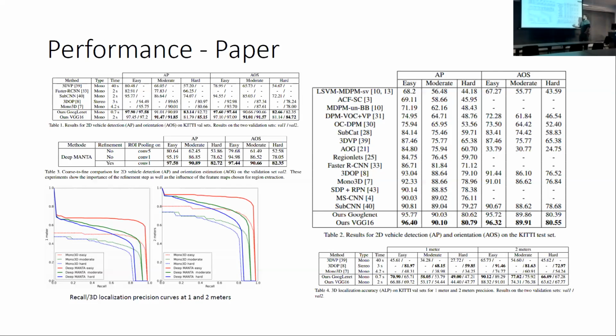They basically beat Mono3D on this, and they do lose in distance localization to 3DOP, but that's a stereo technique, so essentially, of course, they did. Are you sure that they are comparing just to the stereo version, or are there multiple versions that they did 3D? Yeah.